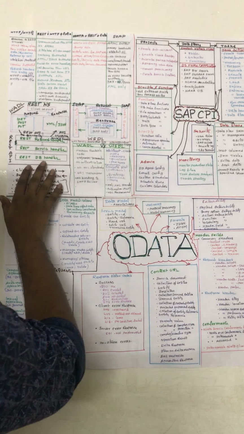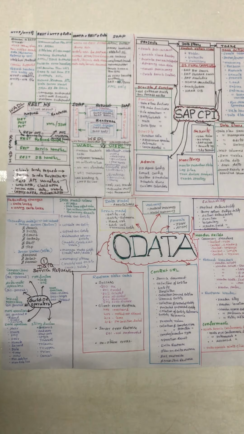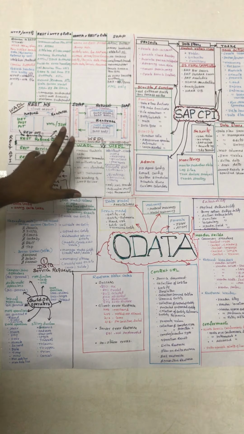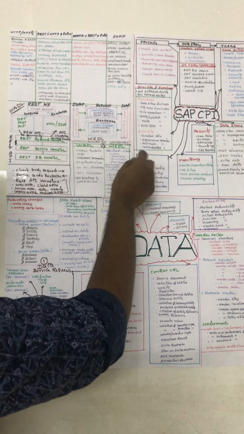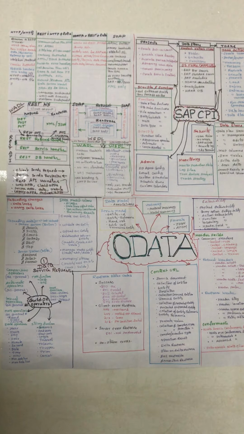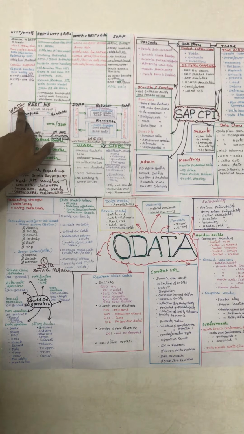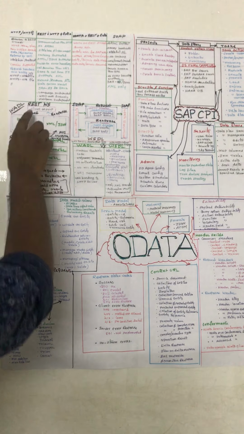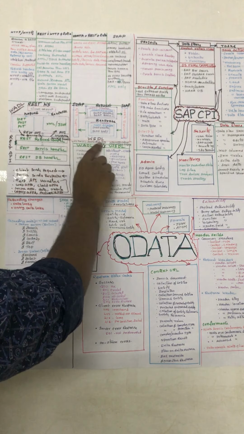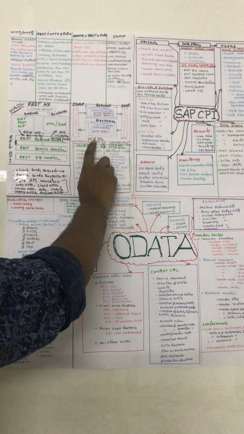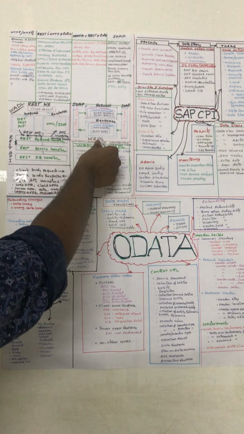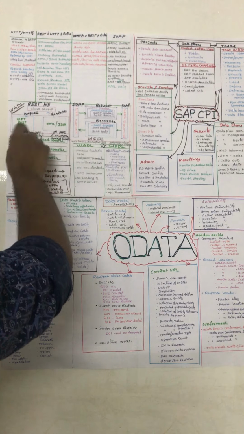In the REST framework, the code we'll use is WADL, the Web Application Description Language, and for SOAP architecture we'll use WSDL, which stands for Web Services Description Language.